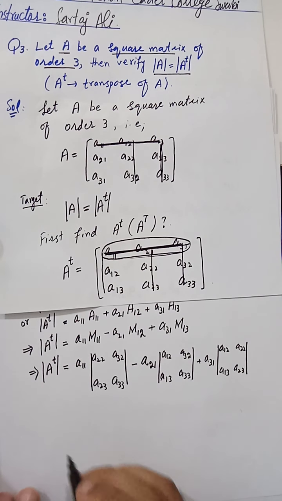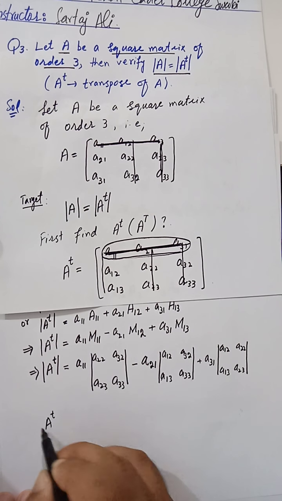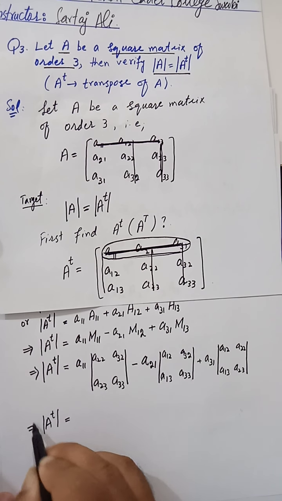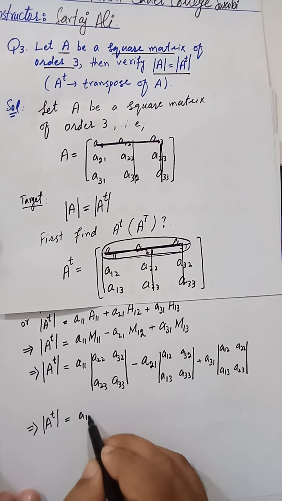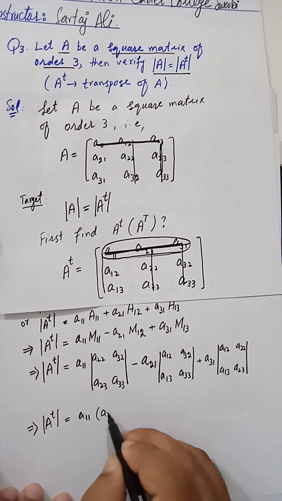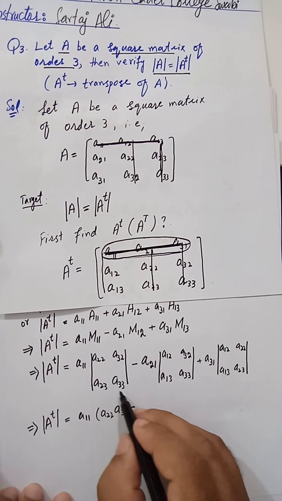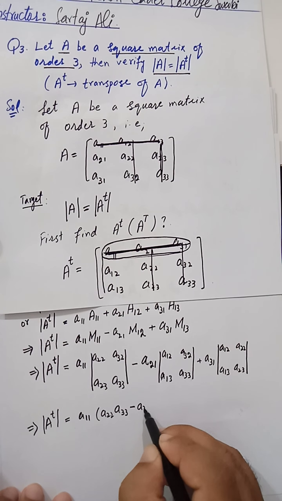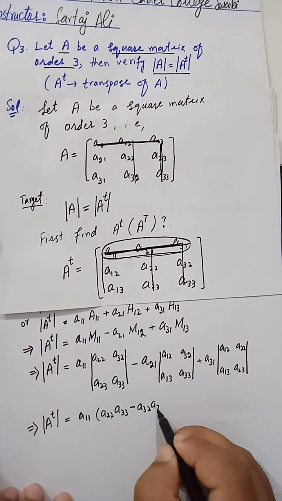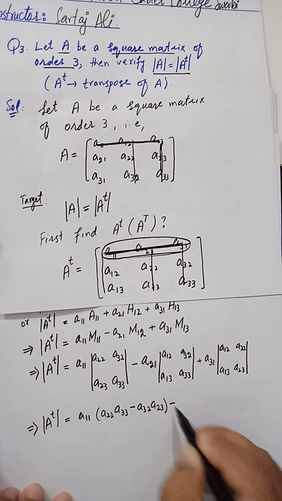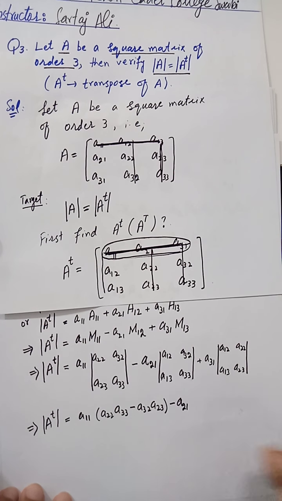Okay, now you need to expand the determinants of 2 by 2. So diagonal elements will be multiplied with the diagonal, and non-diagonal will be multiplied with non-diagonal, and there will be a minus in between.